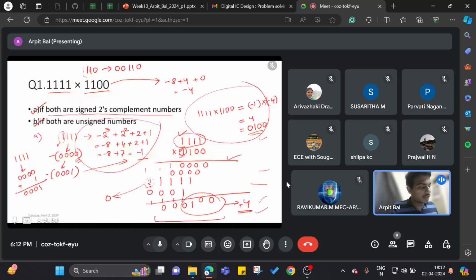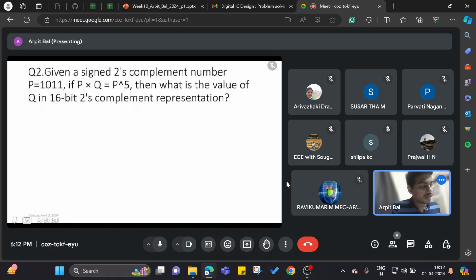Okay, so I hope question 1A and 1B, both the parts are clear. Shall we proceed to the second question, or is there any doubt here? Okay. Given a signed 2's complement number p equals 1011, if p into q equals p to the power 5, then what is the value of q in 16-bit 2's complement representation?